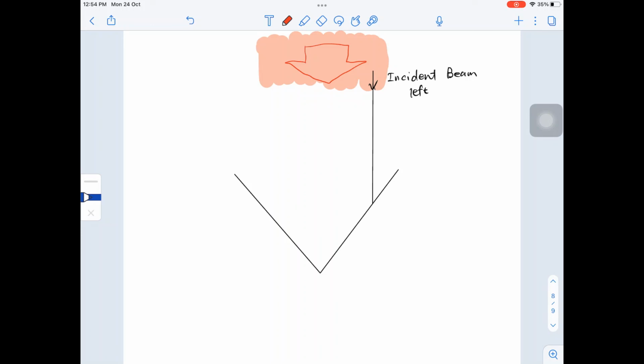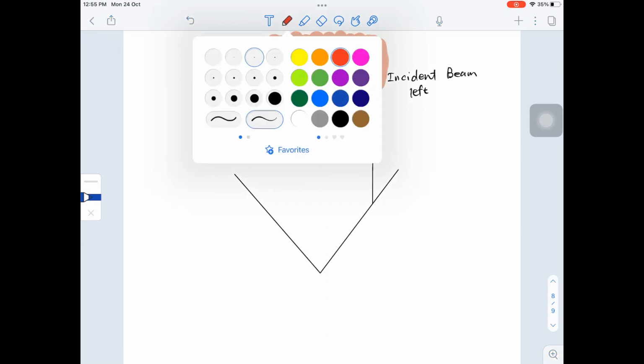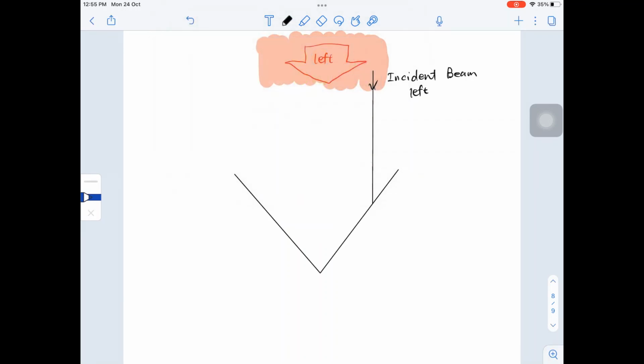Let's see, left hand. Okay. Left hand, so it is this, and we have 1, 2, 3, 4, 5, 6. Left hand. And now we draw the help line.